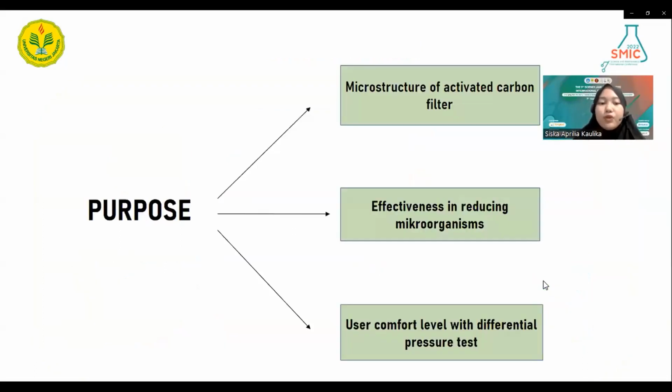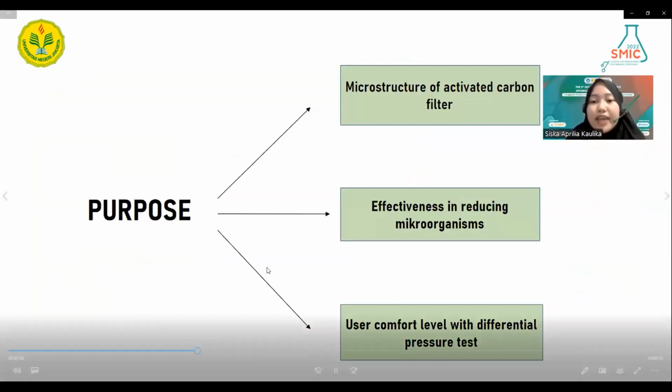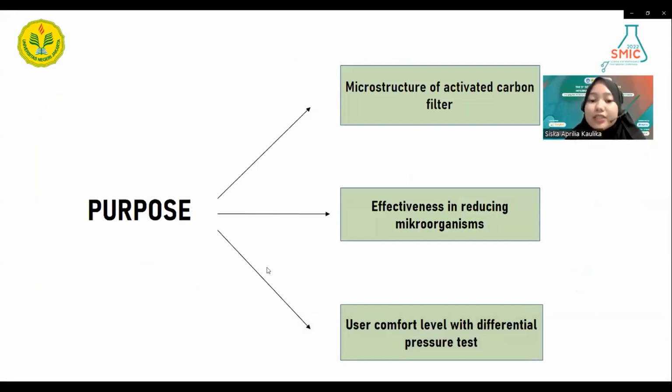The purpose of this research is to analyze the microstructure of the activated carbon filter, to analyze effectiveness in reducing microorganisms, and to analyze user comfort level with a differential pressure test.